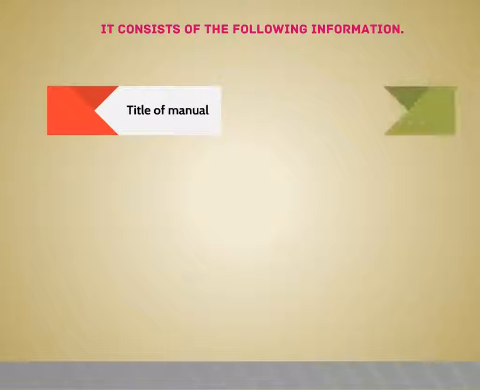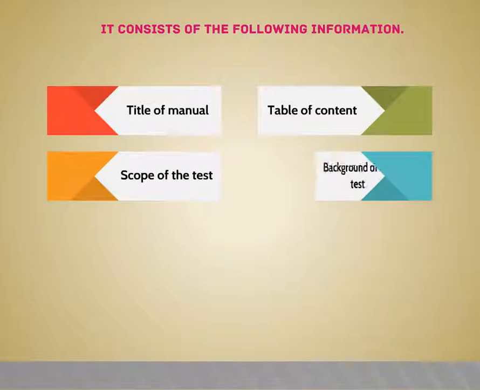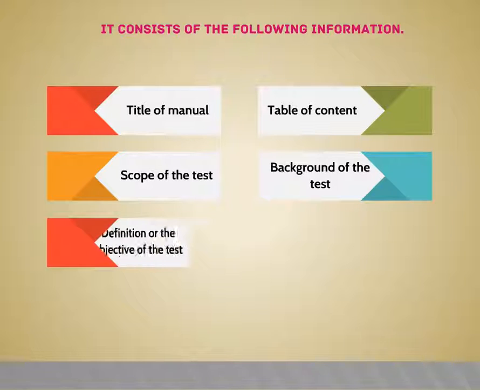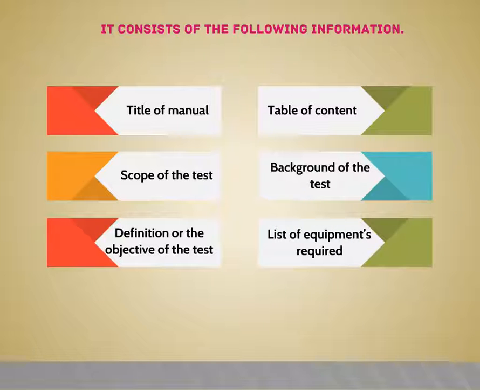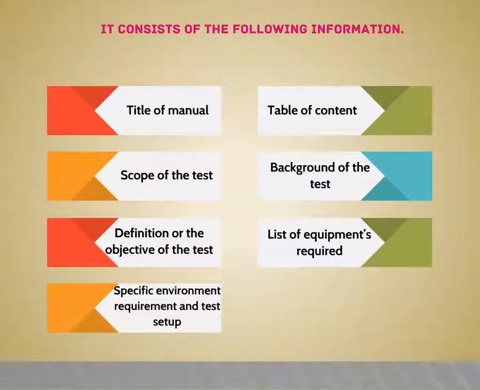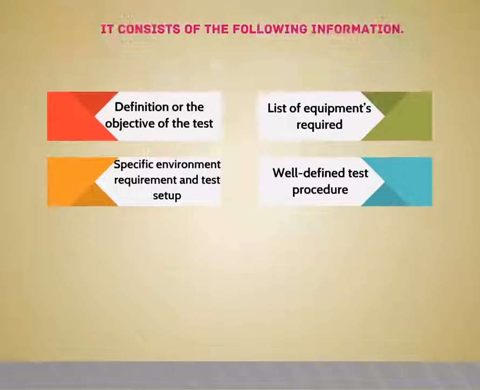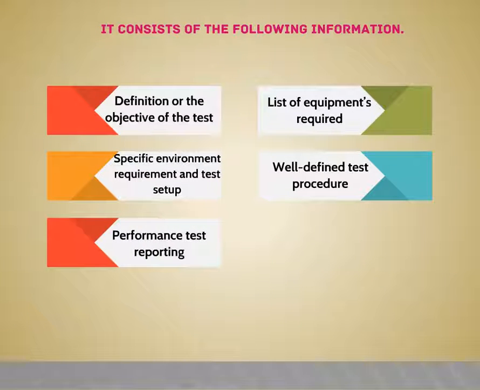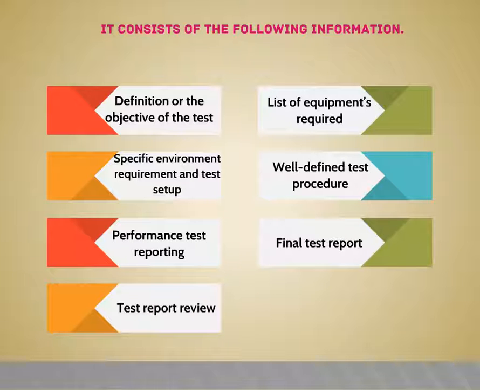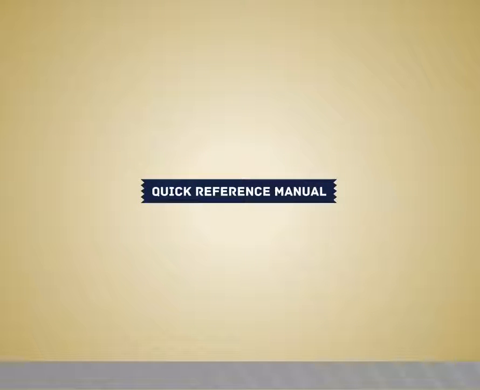Title of manual, table of contents, scope of the test, background of the test, definition or the objective of the test, list of equipment required, specific environment requirement and test setup, well-defined test procedure, performance test reporting, final test report, test report view, compliance test report, quick reference manual.